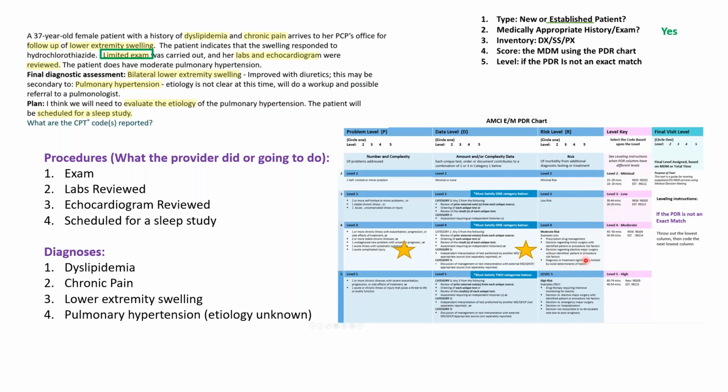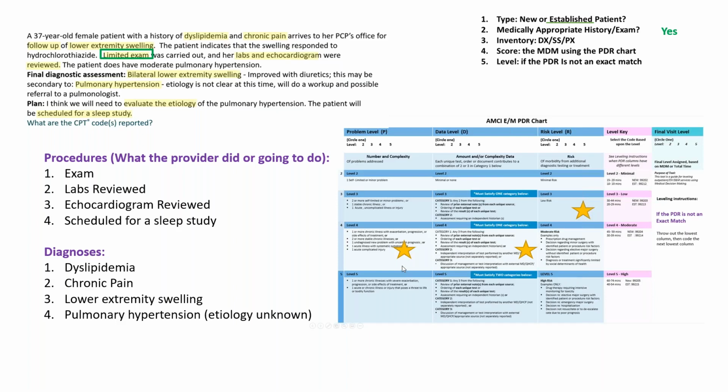That wasn't a circumstance. So I'm just going to say we had a low risk. I'm not going to say minimal because this patient has chronic conditions. And that is my professional opinion. And you know what, coders? You have one too.